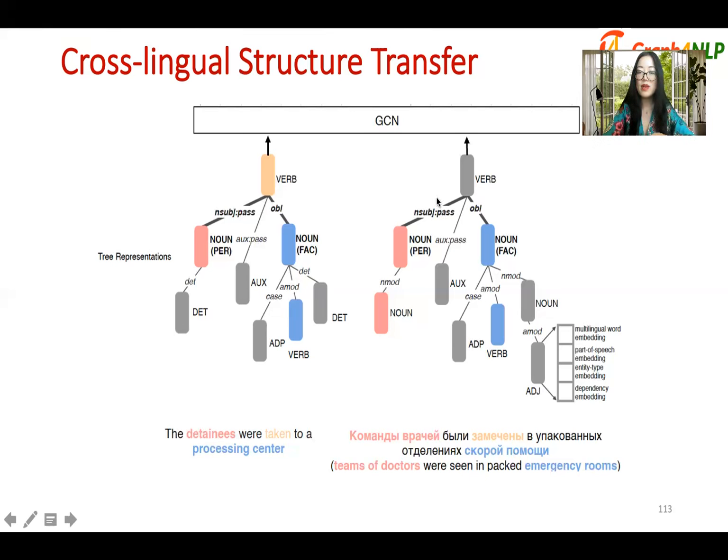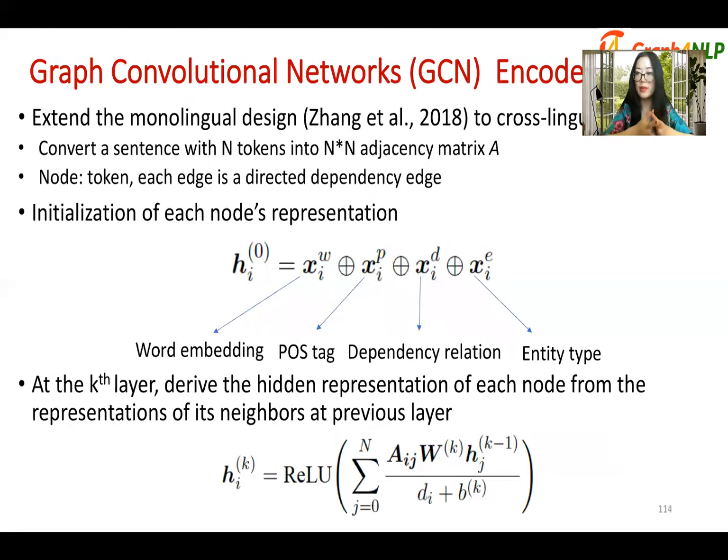So you can see from the universal dependency parsing output, the connection between these two entities is the same as what we have seen on the English side. So that means if we can map these two graphs into one common semantic space, then we can simply train a model from English training data, then apply that to Russian or any other languages.